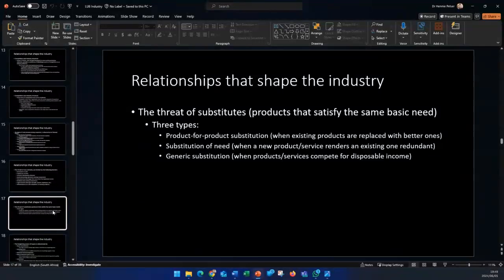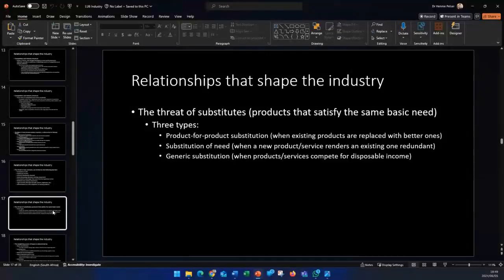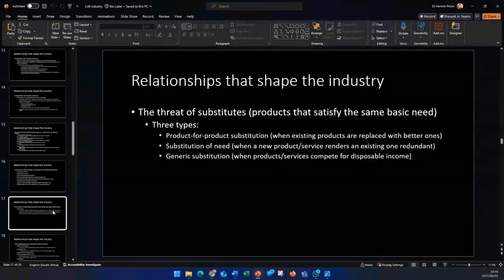Guys, remember, in terms of products, for example, Uber is a substitute for metered taxis, for overall taxis. Uber is a substitute for bus services, for the train. Those are the kinds of things that you need to look at.